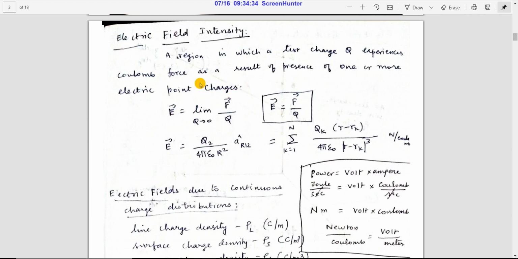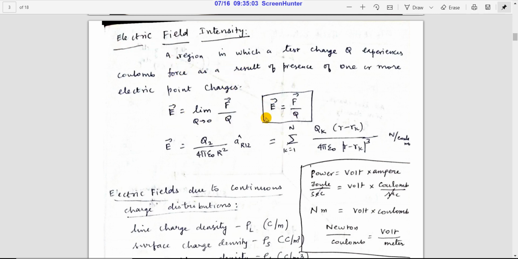So if you have a cluster of charges, the presence of one or more point charges, and you bring a test charge Q nearer to that particular cluster of charges, and you experience a force on that particular charge, that region is going to be called the electric field intensity.